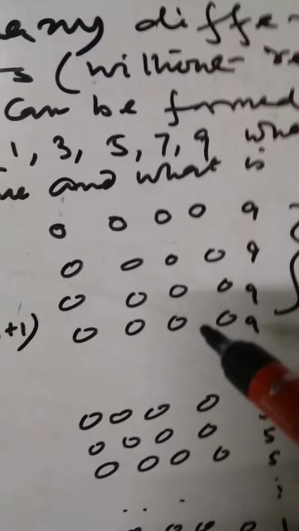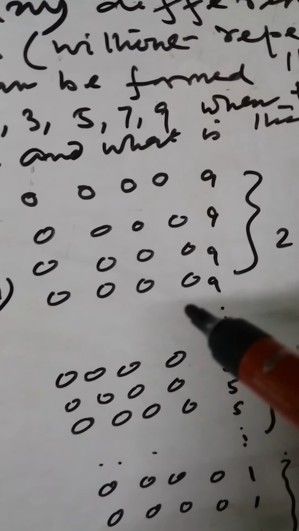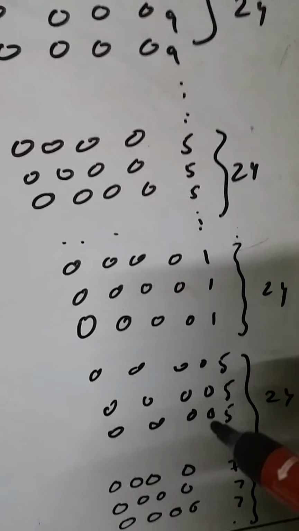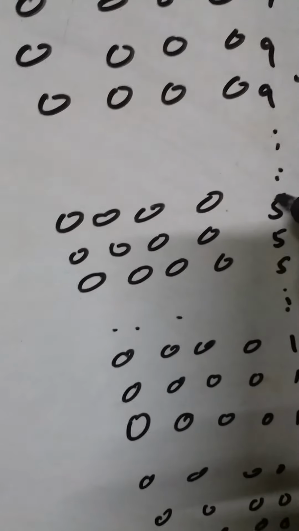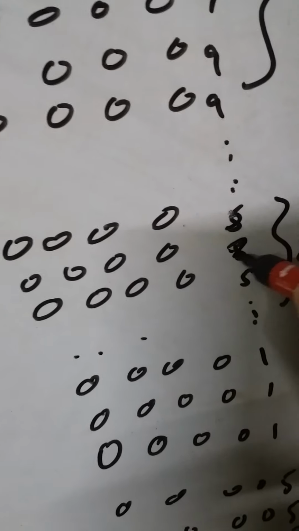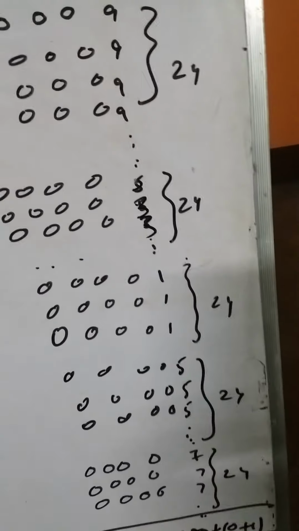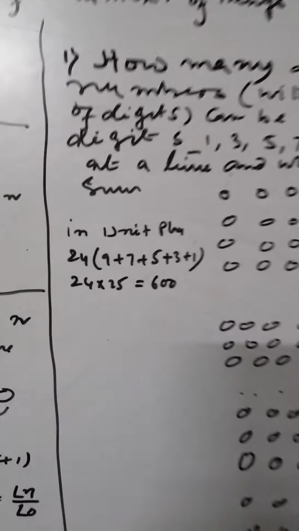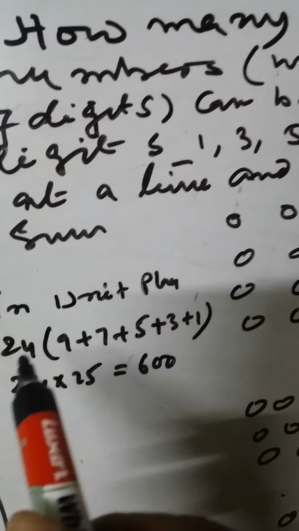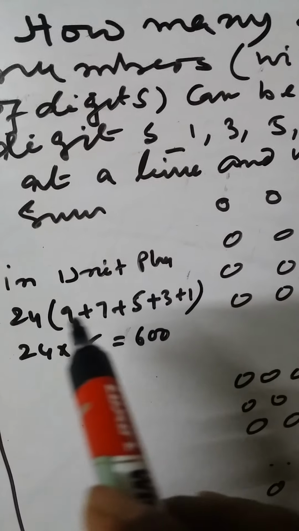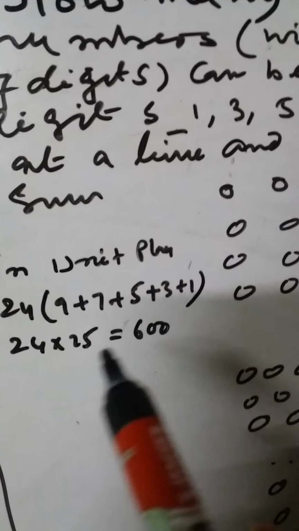In this way, in each place, 9 is 24 times, 5 is 24 times, 1 is 24 times, 3 is 24 times and 7 is 24 times. Then what will be the sum in the unit place? 24 into (9 plus 7 plus 5 plus 3 plus 1), that is 24 into 25.